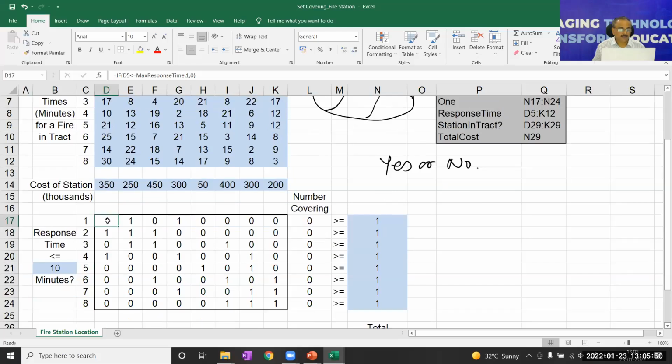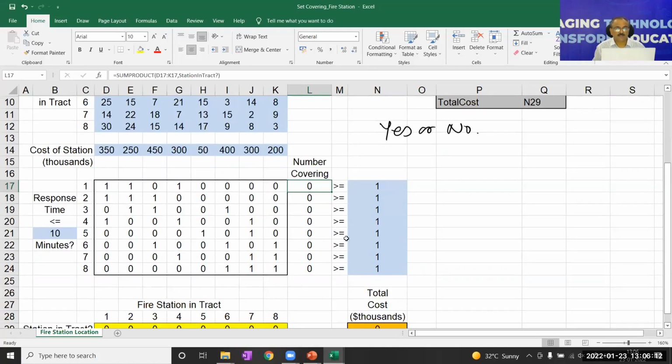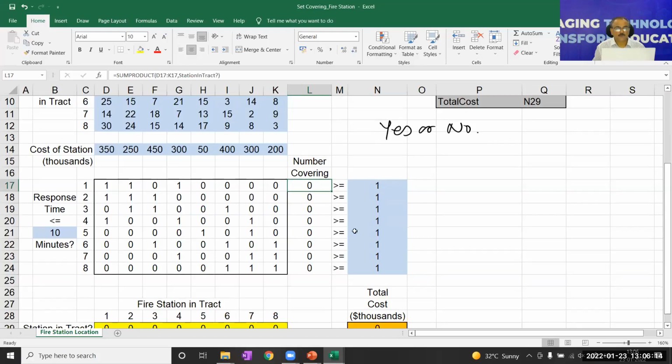Based on that, you can create a matrix in terms of the response time, whether the fire station can be located or not, and how many areas it covers when located, because each tract has to be covered by at least one fire station. So that is the constraint.